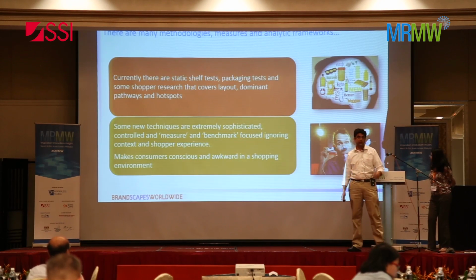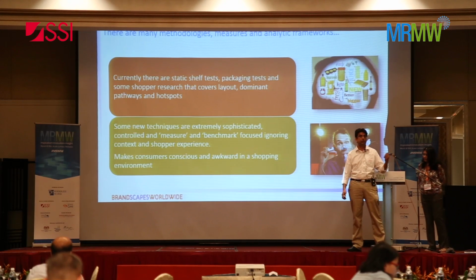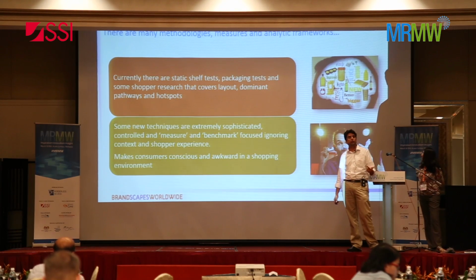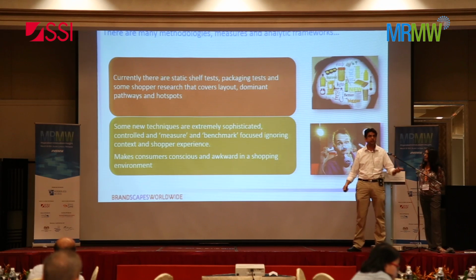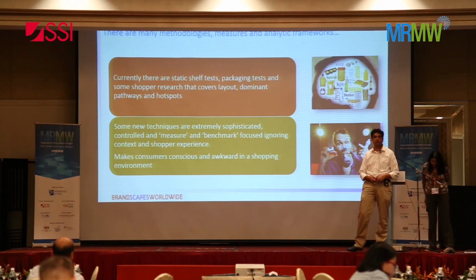There are many methodologies. There is no shortage of methodologies or expertise. There are very good analytical tools as well. But unfortunately, these tools are being run on substandard stimulus. So it's like having a Ferrari and not a good road to ride your Ferrari on.